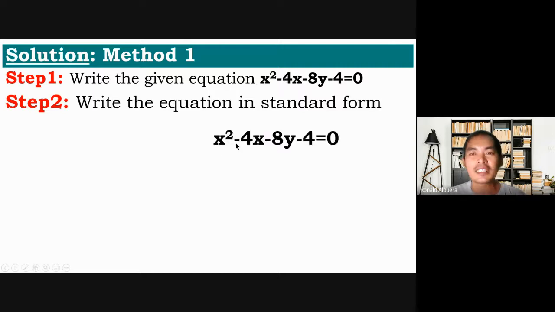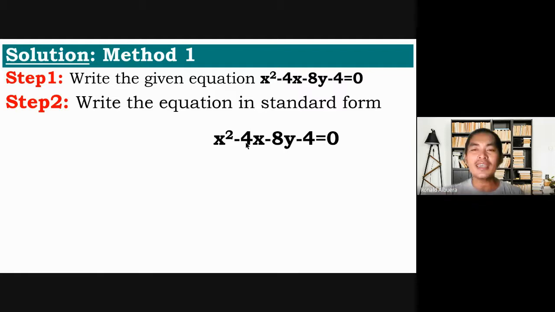Okay? So, remember that the given is x squared minus 4x minus 8y minus 4 equals 0. When you write the equation in standard form, look at the variable with the square. The variable with the square here is x. So, everything with x, we put on the left side and the terms without x to the other side of the equation.